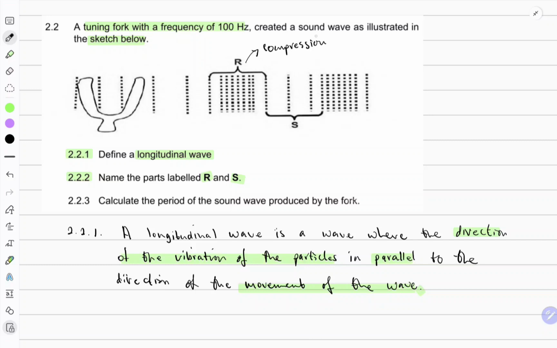And where they are spread out, this is called a rarefaction. So a longitudinal wave constitutes parts where the particles are compressed and parts where the particles are spread out. Where they are spread out is called a rarefaction.